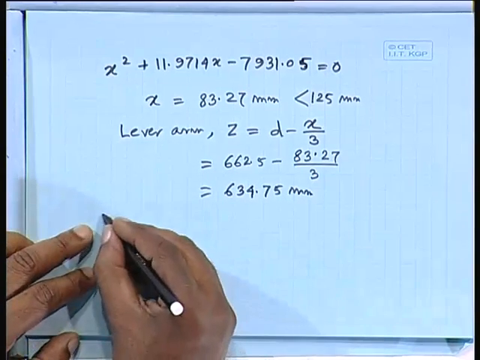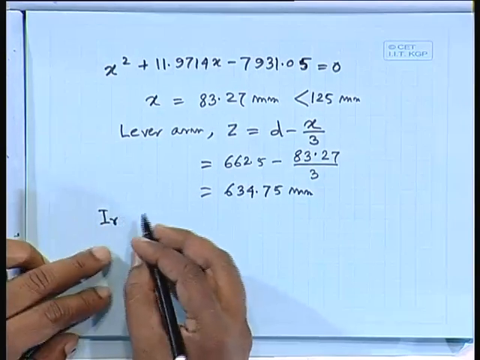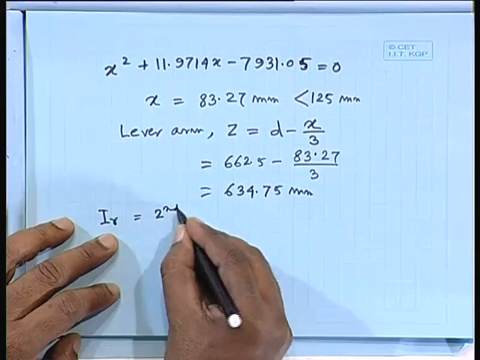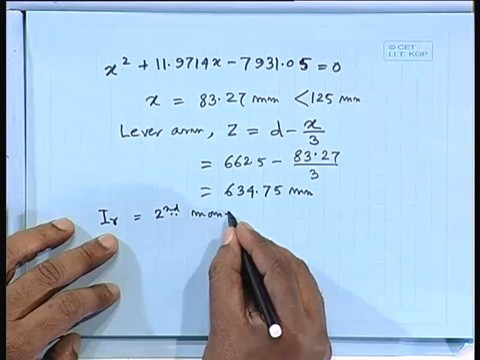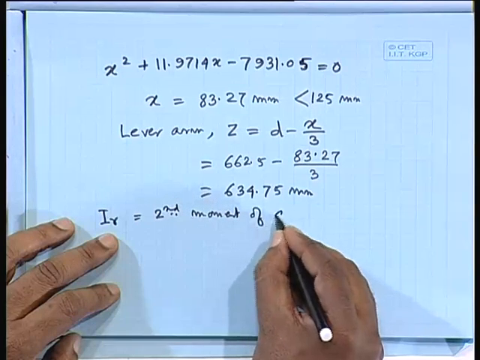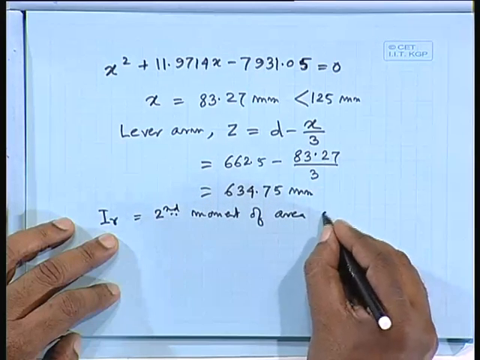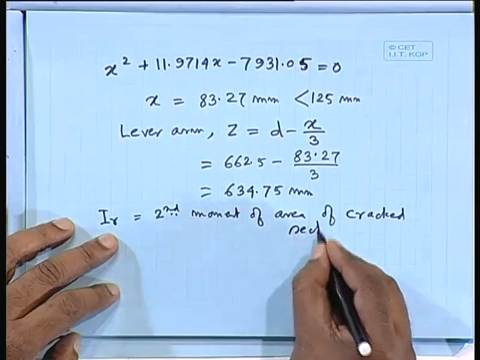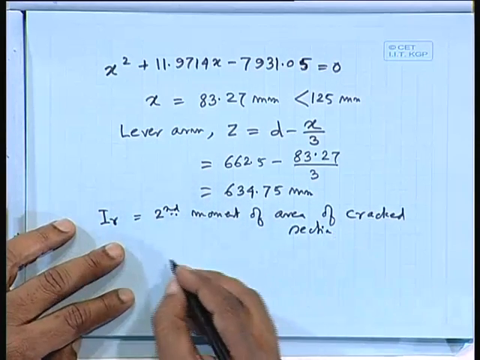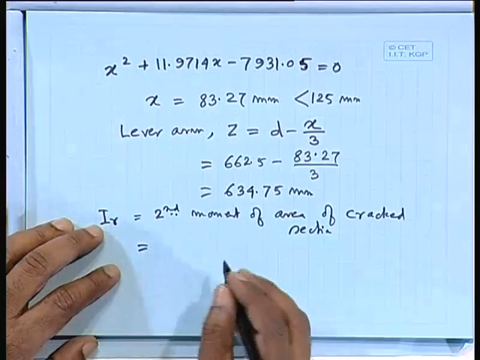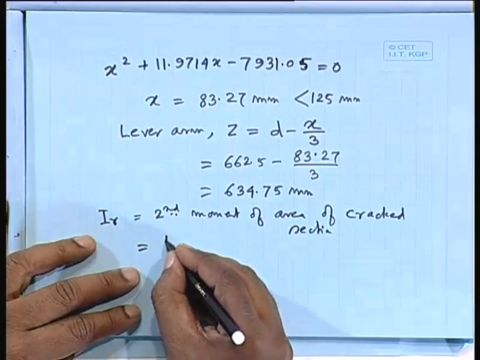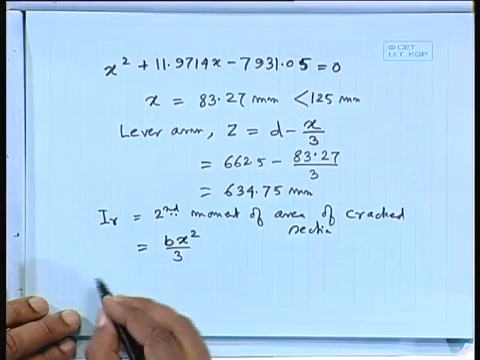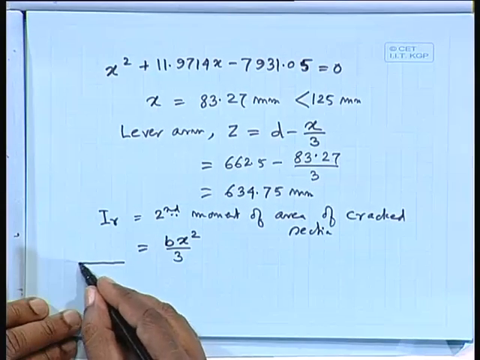What about that Icr? Icr is for the cracked section, the second moment of area of the cracked section. That will be equal to, let me write down the formula first, B times x square by 3. Let me draw a figure.